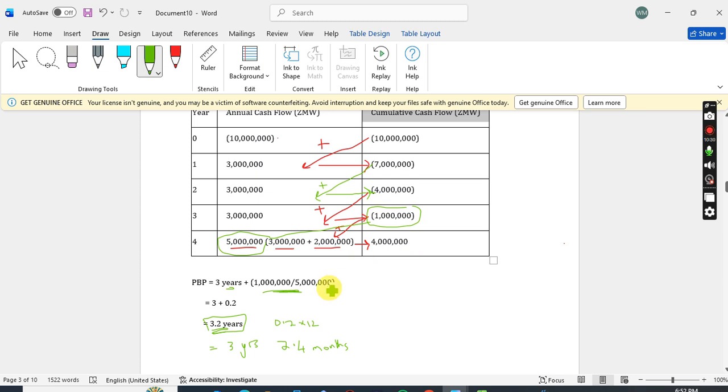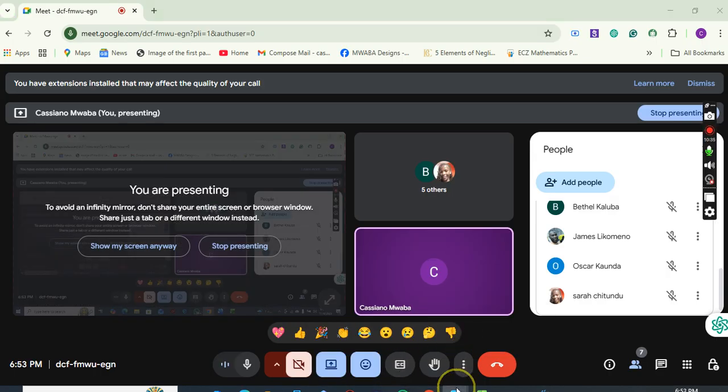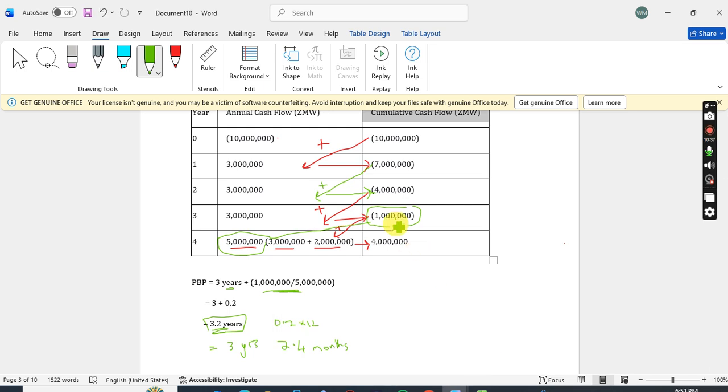That's what you're trying to find out. To find out where you break even, just remember this: get the last negative cash flow and put it over the cash flow for the year that has a positive value, so that you make a fraction like this. Then you just add, so that you find specifically when you broke even.